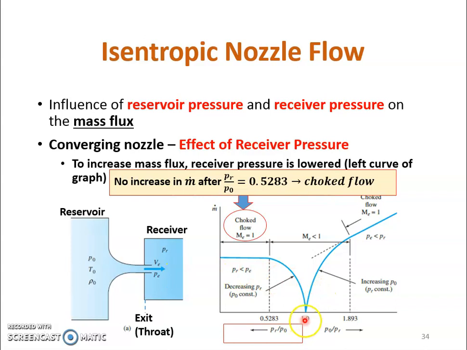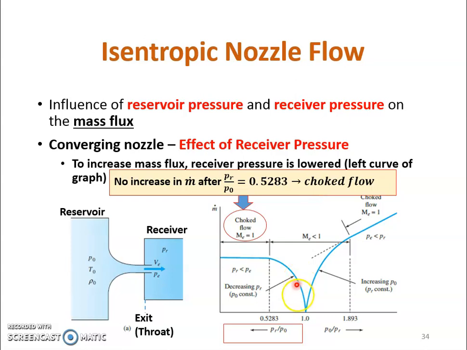So when the ratio is equal to 1, you don't have the flow. Only when the PR is getting less can you have the flow. With this effect of reducing the PR, you get an increase in the mass flux.